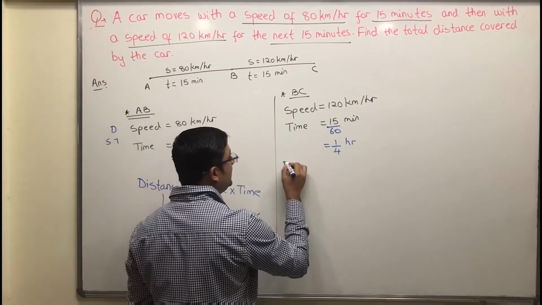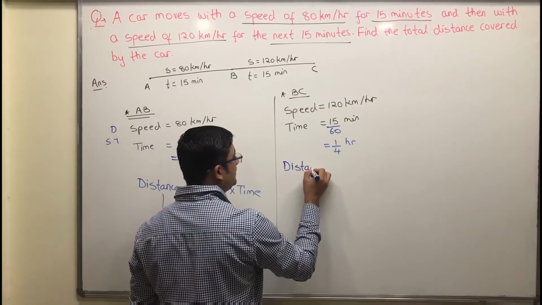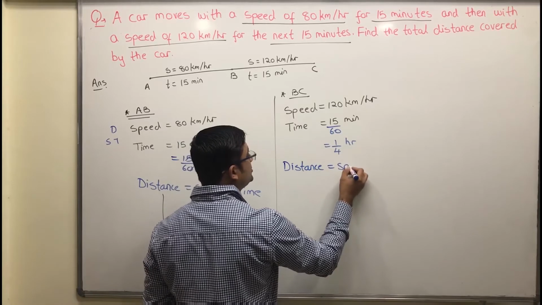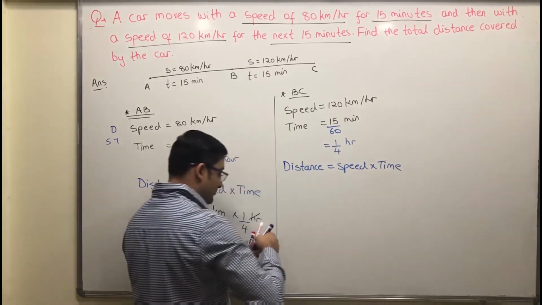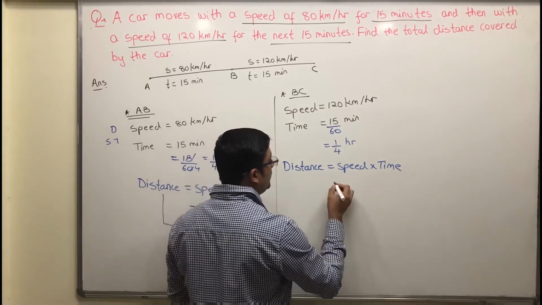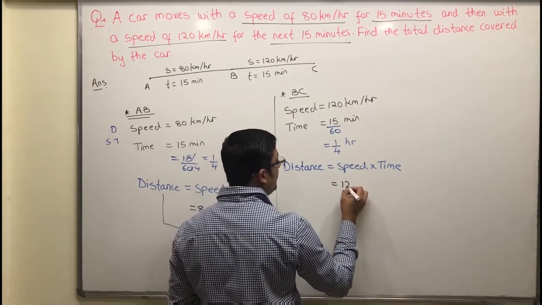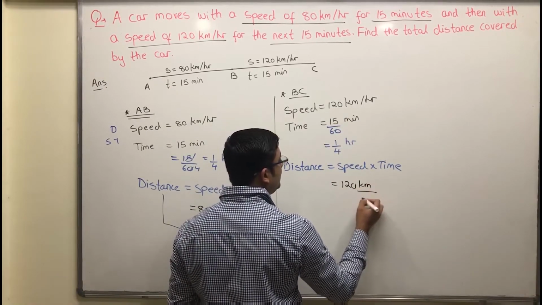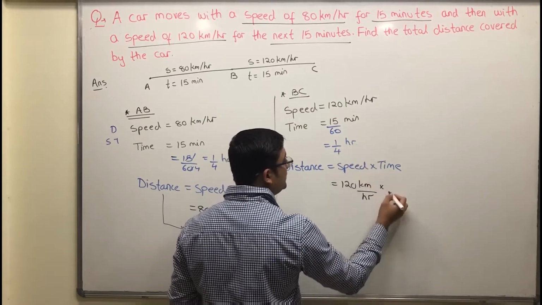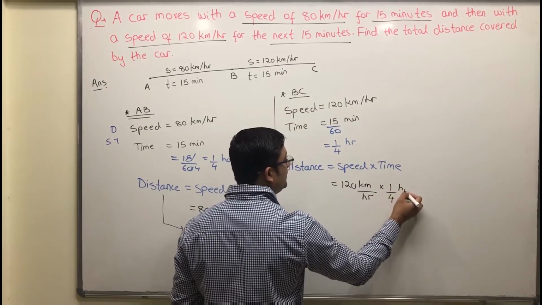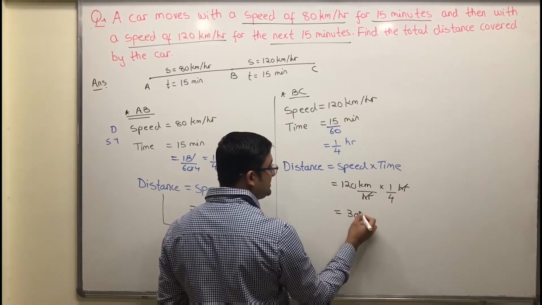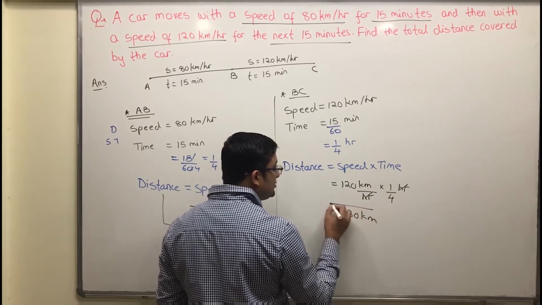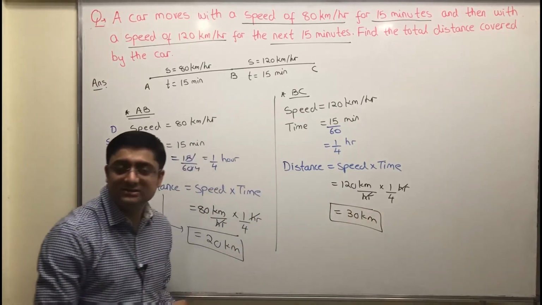So write down the formula, distance is equal to speed multiplied by time. Plug in the values. The speed is 120 km per hour into time, that is 1/4 of an hour. Hour cancels. 120 divided by 4, that is 30 kilometers. So distance traveled from B to C is 30 kilometers.